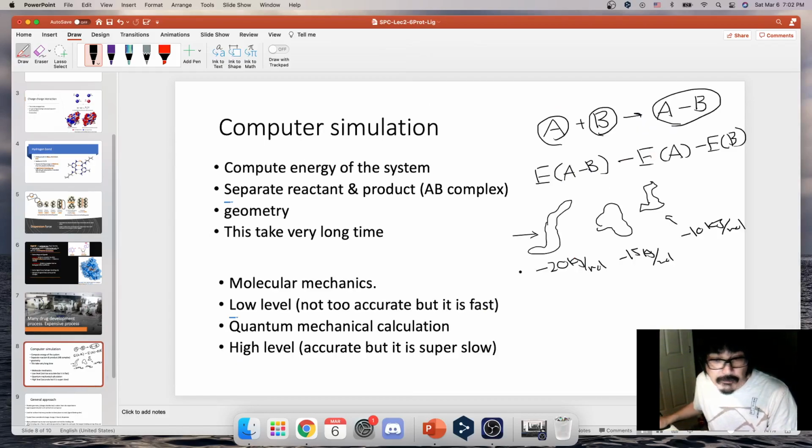So that may influence the shape of the ligand too. So it's not necessary that you will have the same structure when there is a protein nearby.